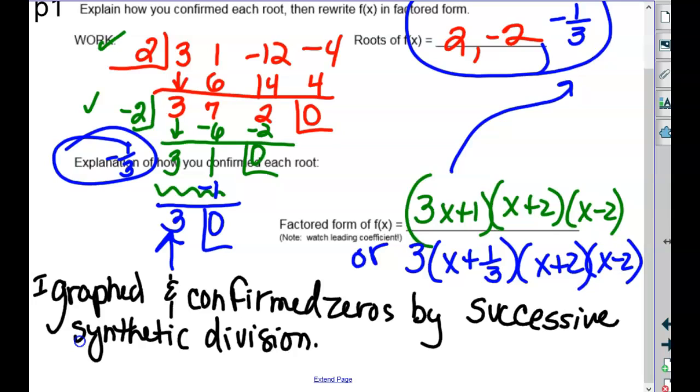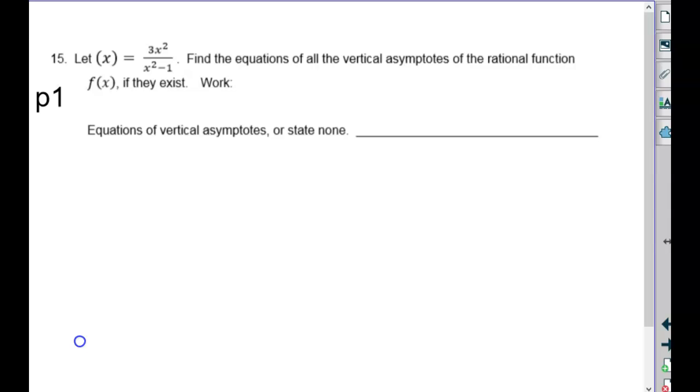Or you could say divided using the depressed polynomial, meaning you didn't go back to the beginning, you just kept going. Everybody good? Any questions on that? You good, Brandon? Yep. If you're falling asleep, guys, come get another piece of candy.